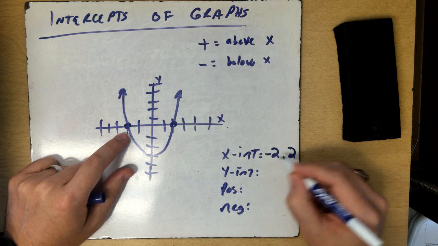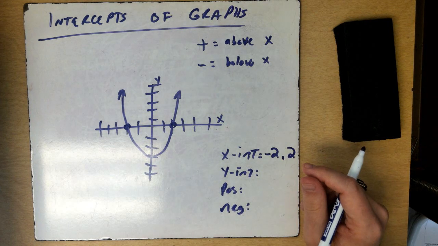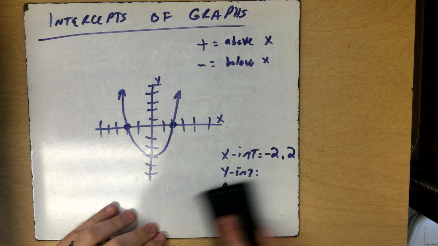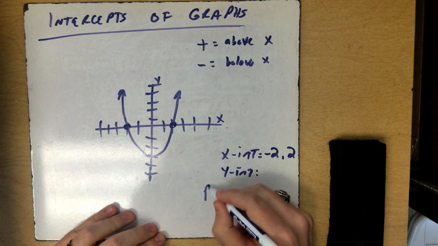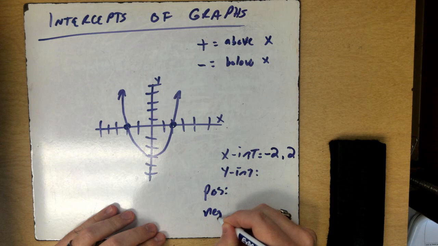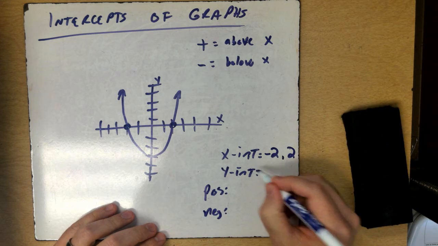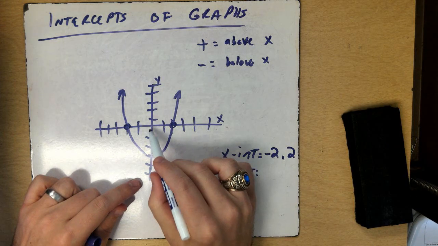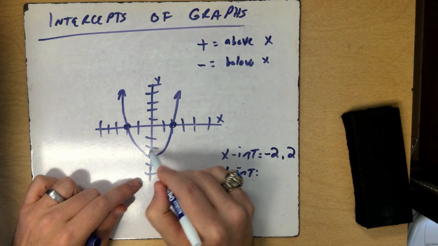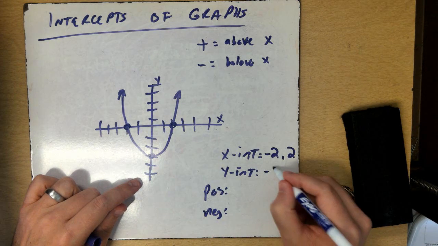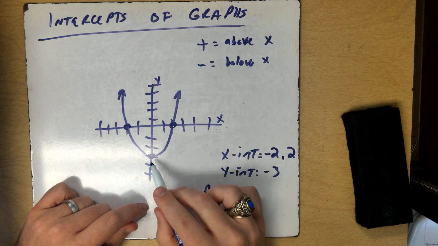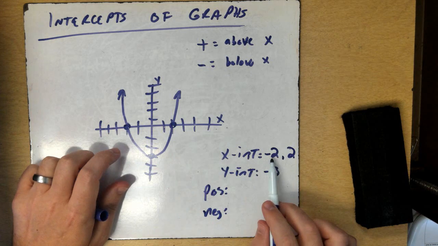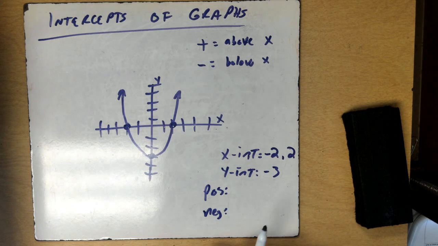Now about our y: it crosses once down here, 1, 2, 3. It crosses at negative 3. So only one y-intercept right here, but two x's, negative 2 and positive 2.